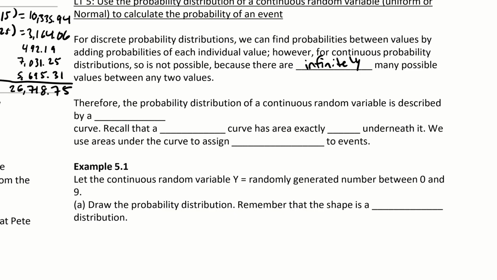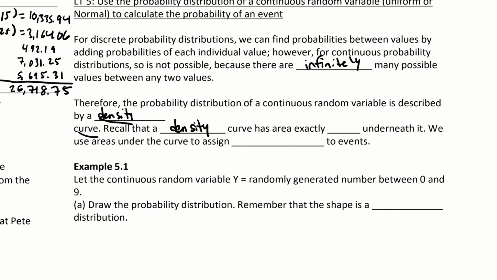So it's a little harder, I would say a lot harder, infinitely harder, for a continuous probability distribution to do that. So what we're going to do is describe the probability distribution of a continuous random variable by something called a density curve, okay? We talked about density curves before in chapter 2.